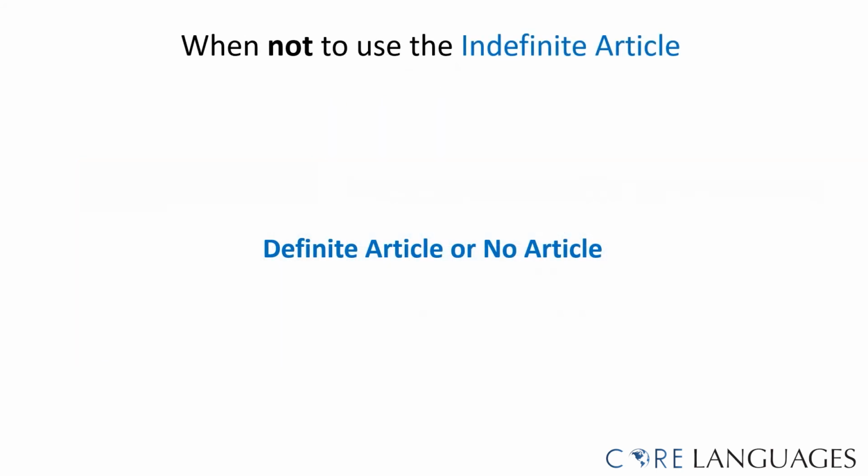There are instances when we do not use the indefinite article, but we need to use the definite article or no article at all. For example, we do not use an article when we refer to people or places. For example, Miami is in Florida.